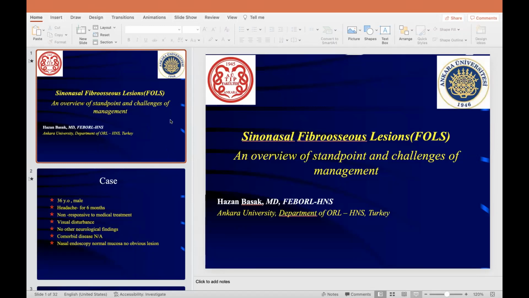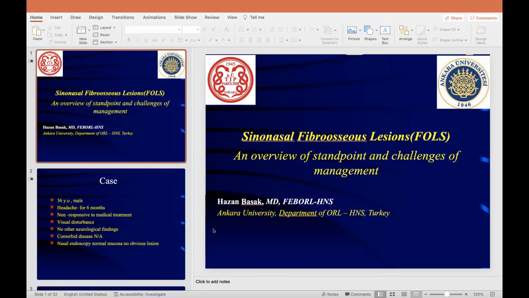Another location is the sphenoid sinus. You can see here a sphenoid sinus fibrous dysplasia. It's actually extensive disease, covering all of it, very close to the optic nerve, very close to the internal carotid artery. This patient only had medication-resistant, non-responsive headaches.